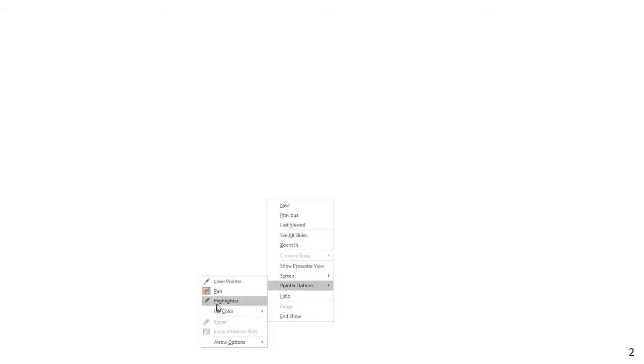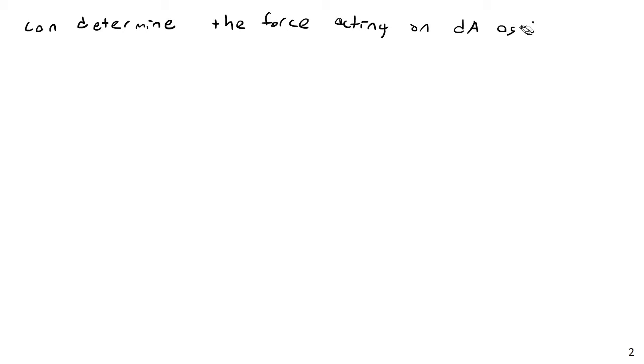Now we have a few things I want to discuss. So let's start working through this. You can determine the force acting on dA as dF is equal to gamma times h dA.